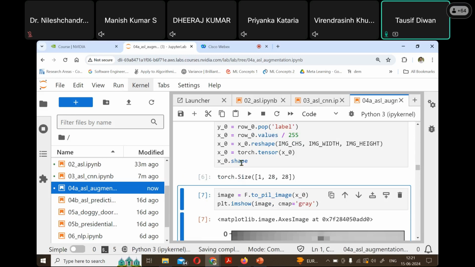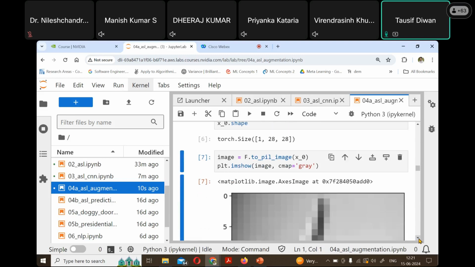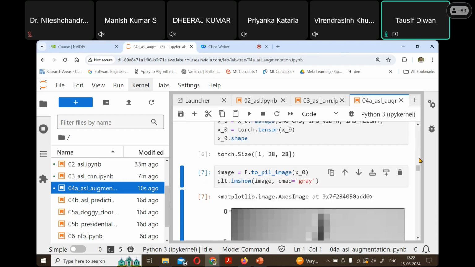So this is my x of 0 dot shape. It is nothing but the very first image in matrix form. Now we will try to apply these types of augmentations on this matrix, and we will try to figure out the output. This is my image. What is the shape? The shape is 28 by 28.